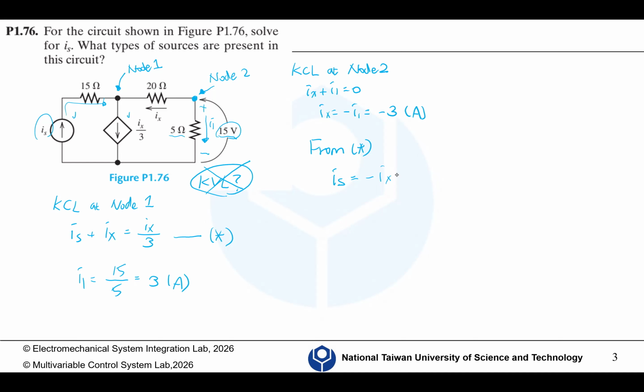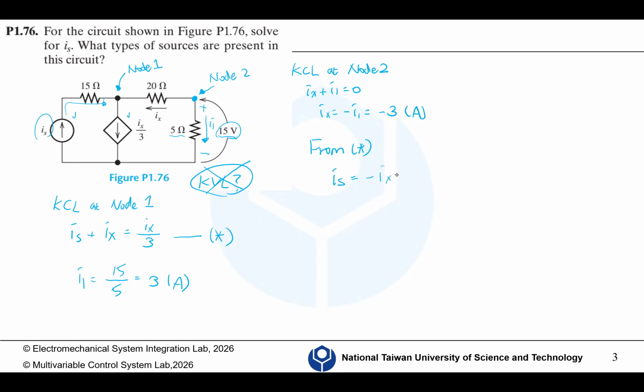We are applying Ohm's law: the voltage across a resistor equals its resistance times current. This resistor is shared by I1 and I3, in opposite directions, so the voltage is 20 times I1 minus I3.